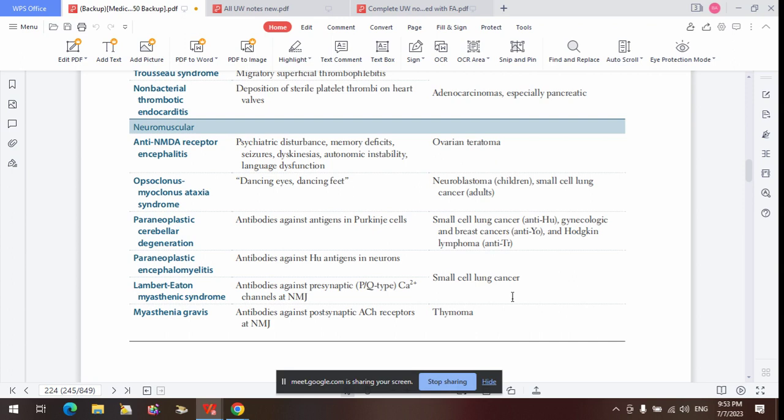If those guys have antibodies against those calcium channels, they cannot release calcium, and there's nothing to stimulate the release of neurotransmitters to the muscles to stimulate movement. So that's why they are paralytic. They have muscle paralysis, and you can have diplopia. They have problems with the reflexes, autonomic symptoms. They have poor erection, orthostatic hypotension, and all those things.